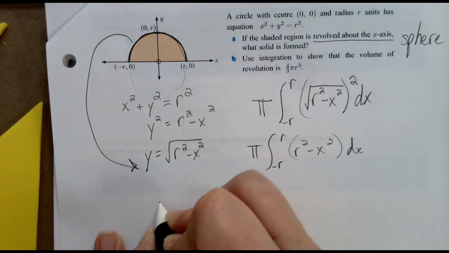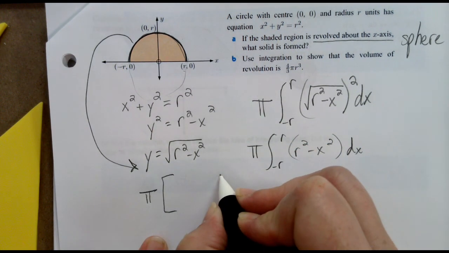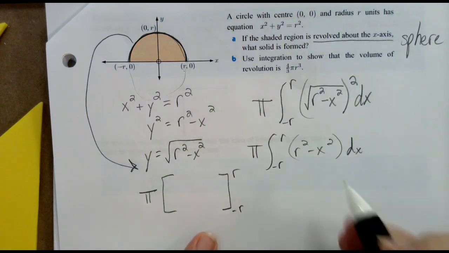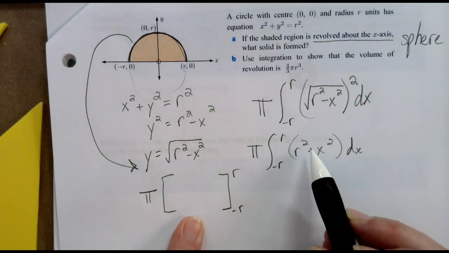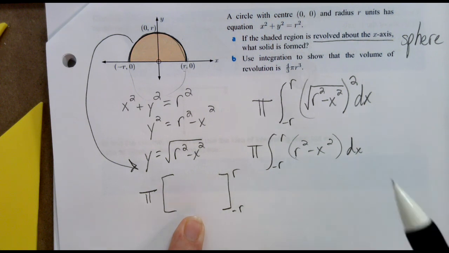And I will get pi times, from negative r to r, of, what is this? You could take out an R, right? No, you can't. No.